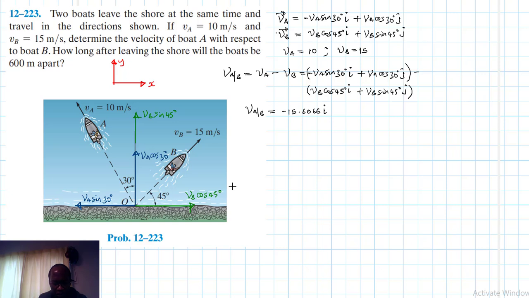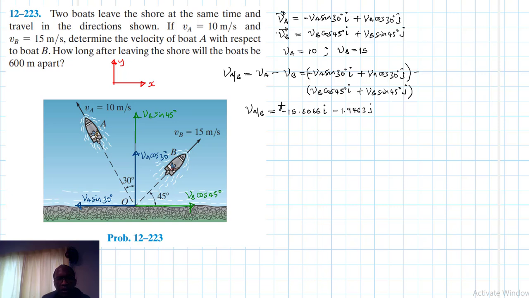Then we have 10 cos 30 minus 15 sin 45. Then we get a minus 1.9463 j.